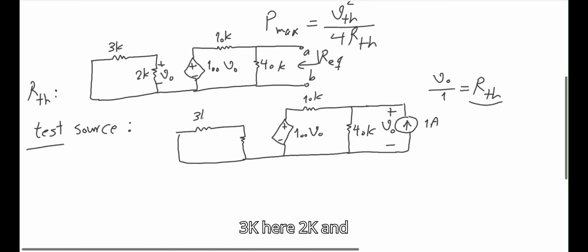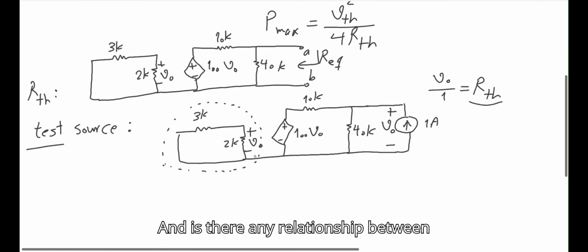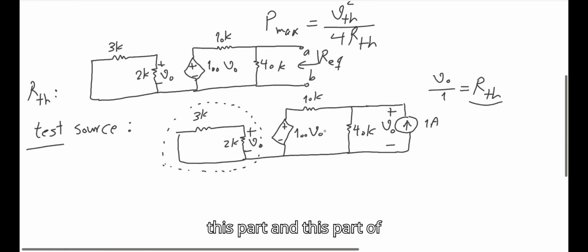3K here, 2K, and that's the voltage across my 2K. So let's try to simplify this circuit. So over here, I only have one loop. And is there any relationship between this part and this part of the circuit?